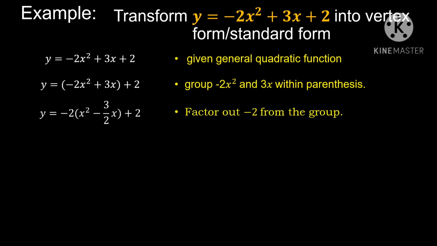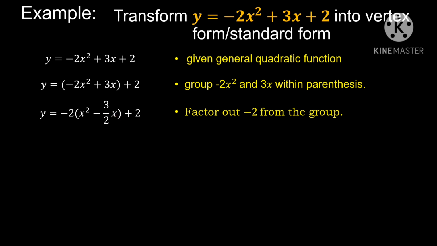Then we factor out negative 2 from the group. So you have now negative 2 times x squared minus 3 over 2 of x, then plus 2. It will become negative 3 over 2 because the number that we factor out is negative 2. So we have to divide positive 3 by negative 2. That's why we have the negative 3 halves of x.